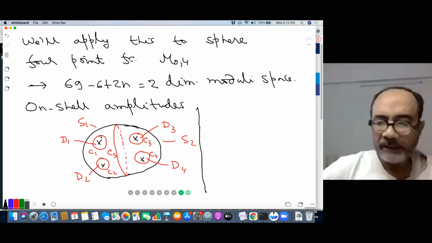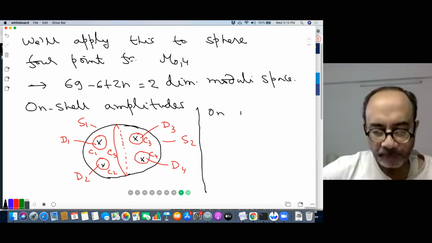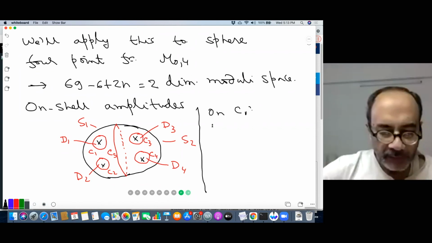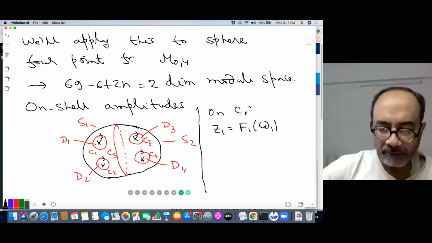Let me write down the relation and then I'll stop. So on C1, we have the relation Z1 equal to F1 of W1. Let me choose the contour orientation this way. So Z1 equal to F1 W1 because Z1 is to the left. This coordinate system is Z1, inside is W1.